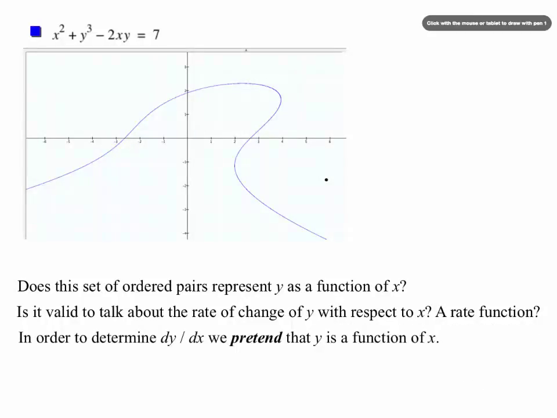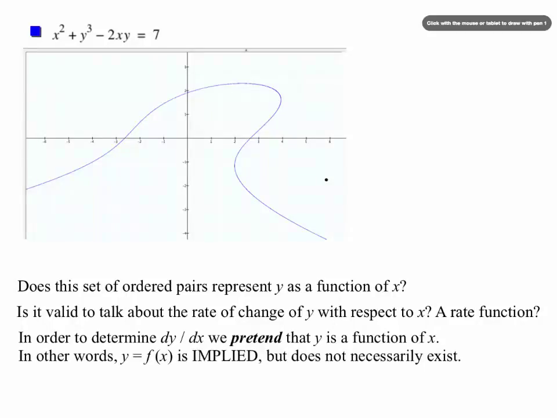Okay, so in order to determine this rate of change of y with respect to x, what we have to do is we pretend that y is a function of x. So we said that y is not a function of x, but we pretend that it is. And so then, in other words, y as a function of x, y equals f of x is implied, okay? But does not necessarily exist.